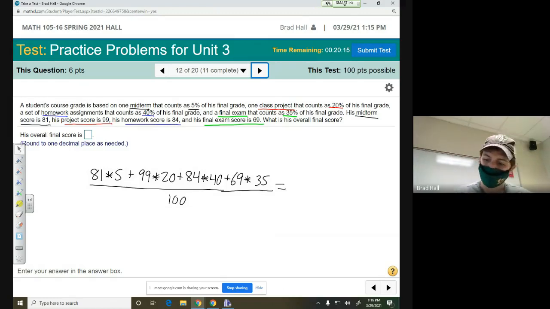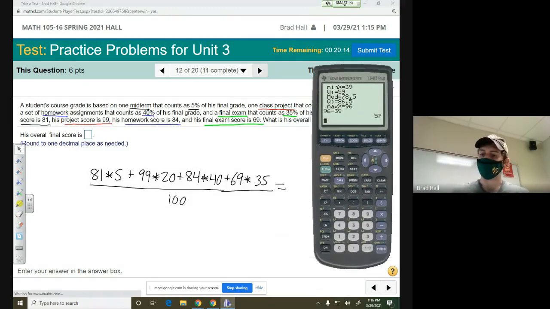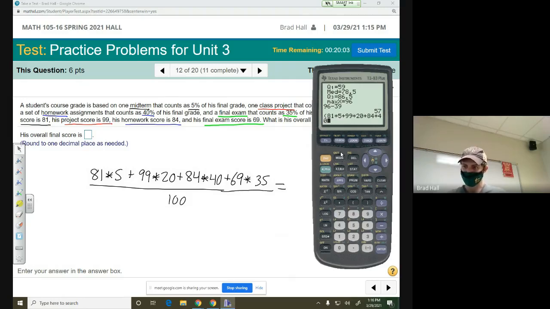This is, in my opinion, a more intuitive way of thinking about the problem. This is 81 times 5 plus 99 times 20 plus 84 times 40 plus 69 times 35. Close the parentheses, divide by 100, and the student finishes the class with an 81.6%.